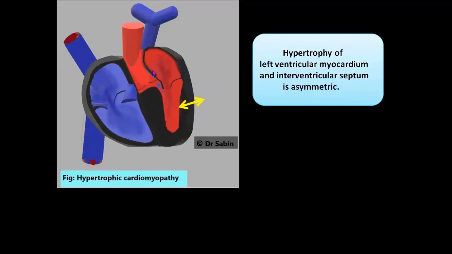And because of significant myocardial hypertrophy, the chamber size of left ventricle is decreased. You can compare the size of the chamber of left ventricle with the chamber size of right ventricle.